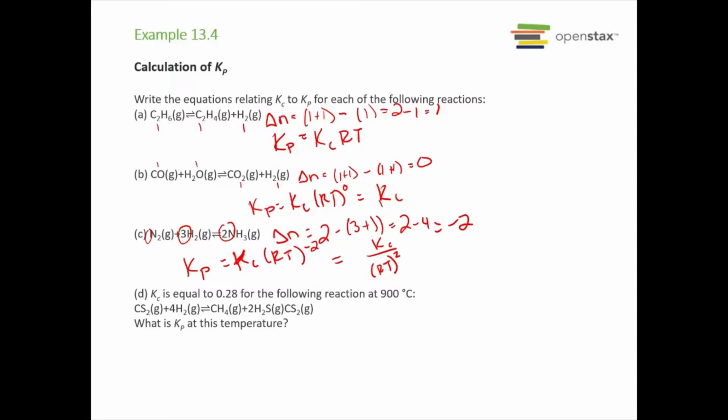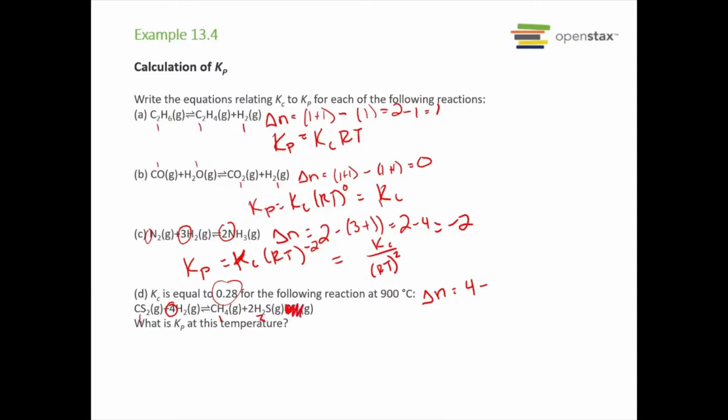All right, D, we are given actual data. We're told Kc is 0.28 at 900 degrees Celsius, and we want to know what Kp is. So the first thing we need to do is get our expression for Kc to Kp. Let's get our delta N. Oh, no, never mind, hold on.